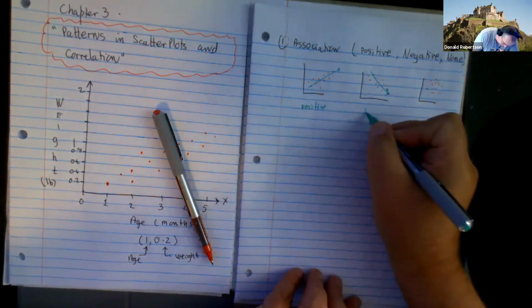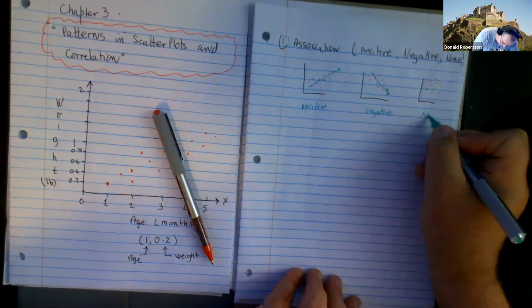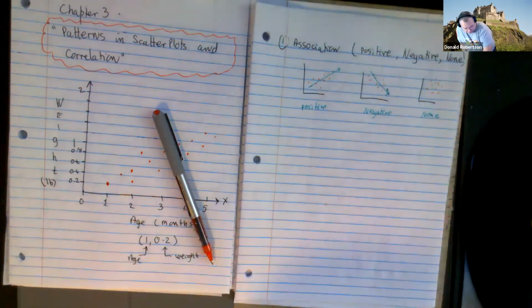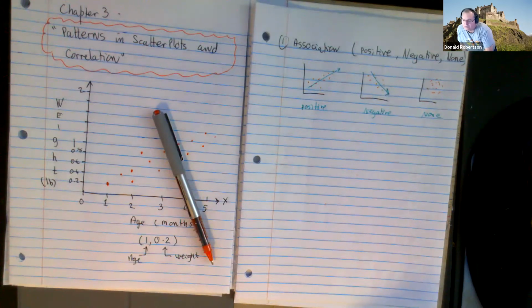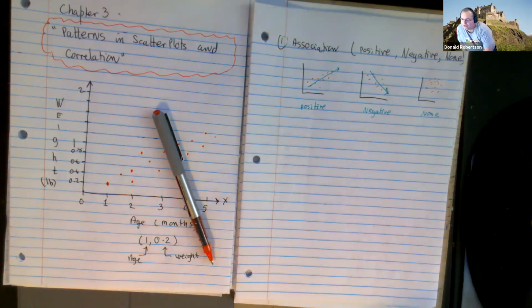This is negative association. And this is none. So if I say I've just finished doing a scatter plot and it has a positive association, do you get a feel for which of these three pictures the data roughly looks like? We're using words to try and describe something that is visual.